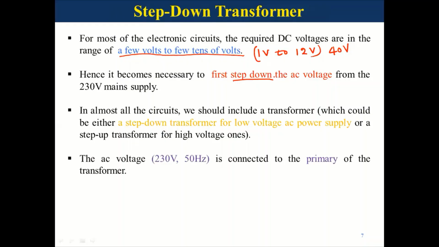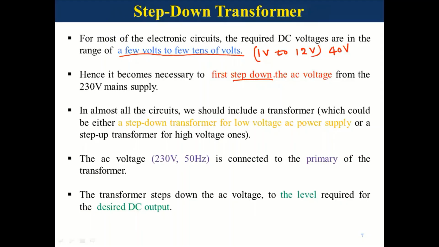Our mains 230 volts 50 hertz supply is connected to the primary of the transformer, and at the secondary we get the AC voltage which is reduced to the required voltage for the desired DC output. In this transformer, the selection of turns ratio is very important.